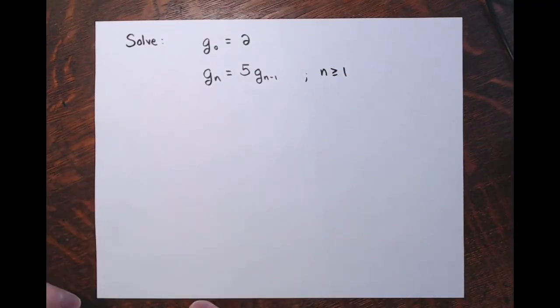So without seeing any techniques yet, after this example, we're going to see something that'll motivate a technique for solving these kinds of recurrence relations later on in the section.